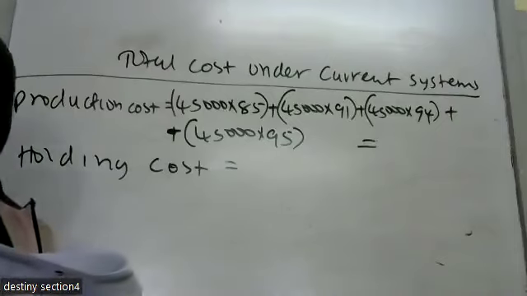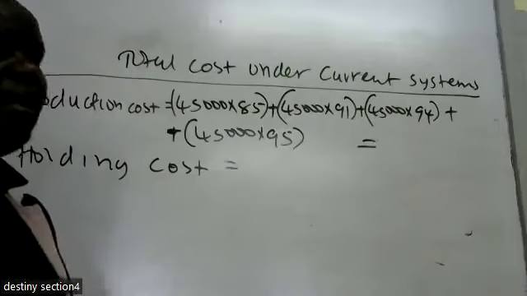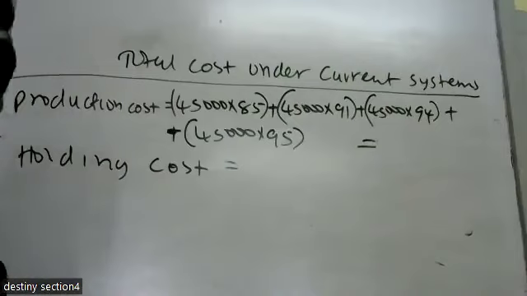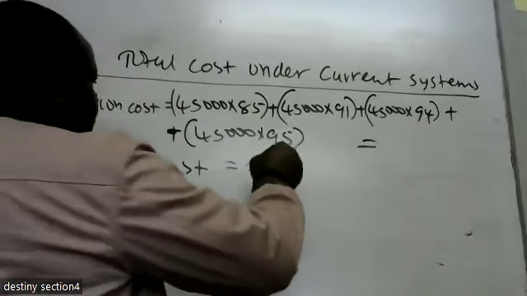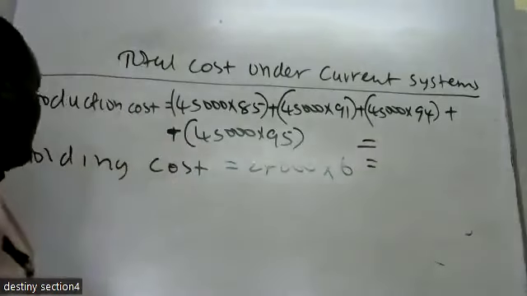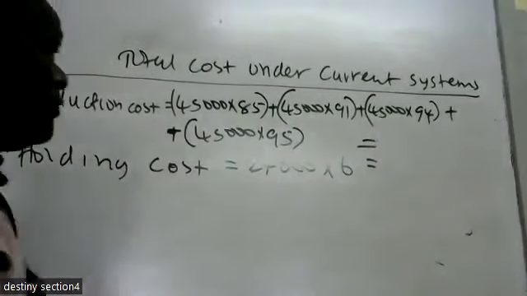They are held at a cost of 6 per unit per quarter, based on average inventory. So the average you added, we got a total of 24,000. That's now the holding cost. The holding cost was based on the average, and I've shown you how to get the average.